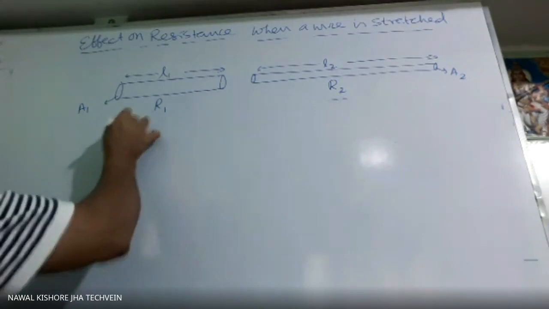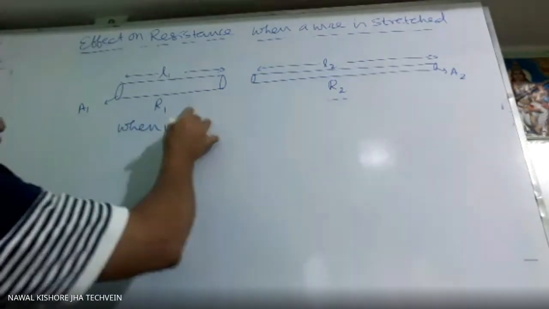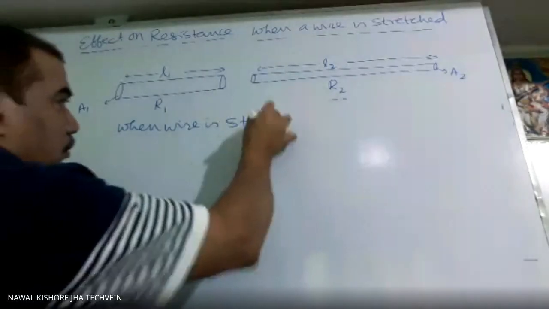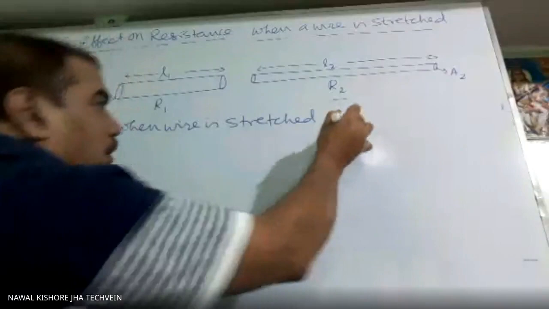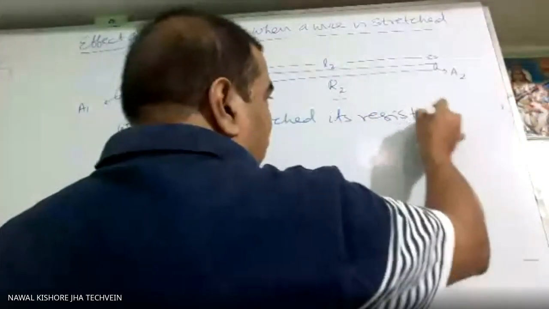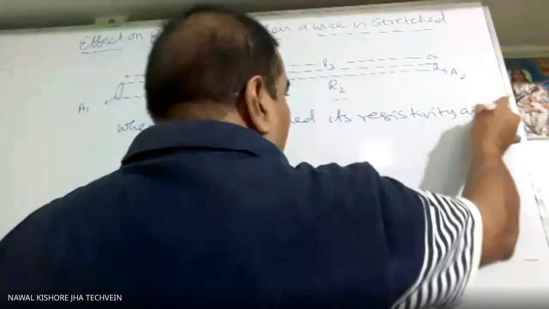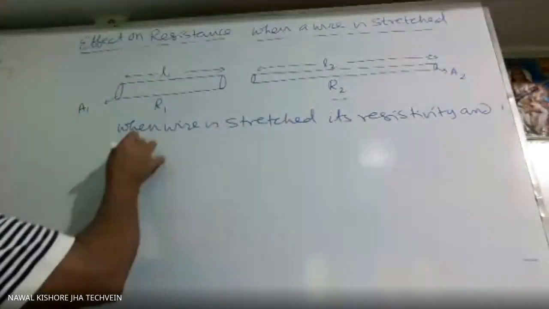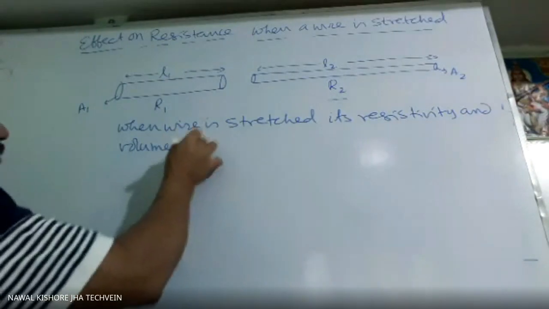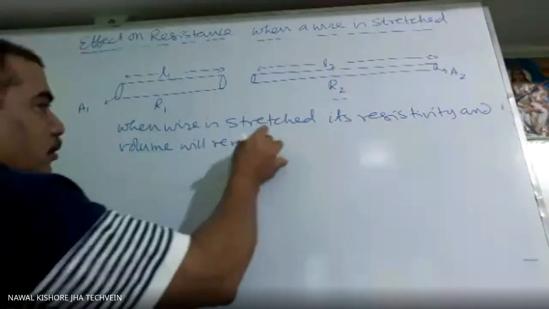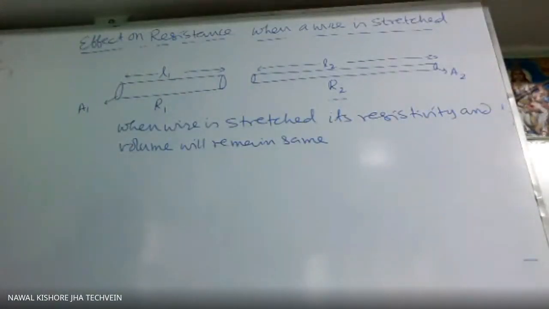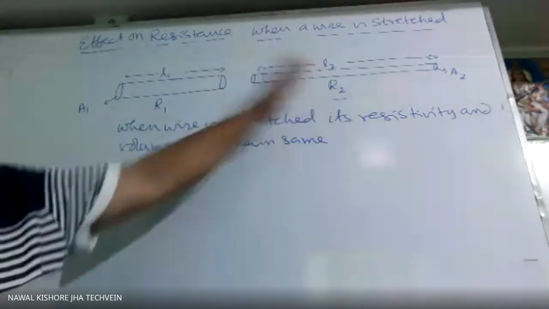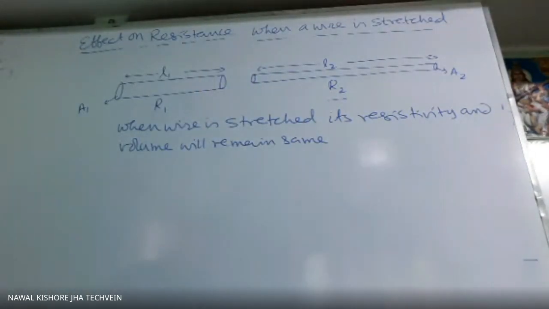So when the wire is stretched, its resistivity and volume will remain the same. That is rho 2 and rho 1 are the same. Volume, what is the volume of this wire? How will you calculate?